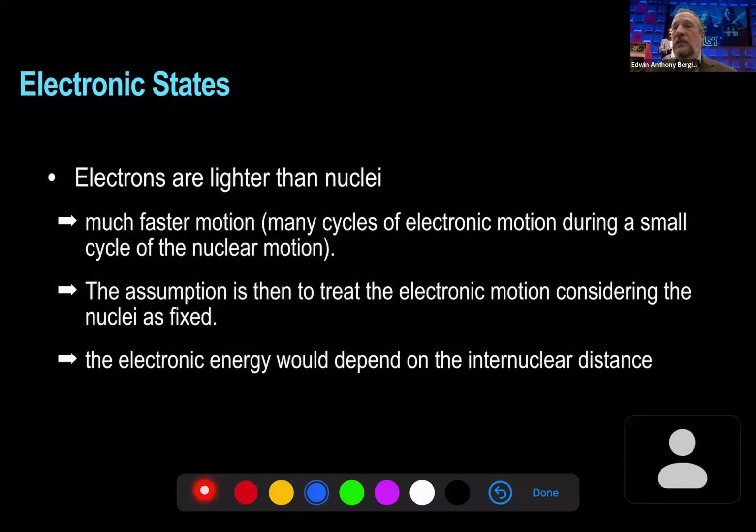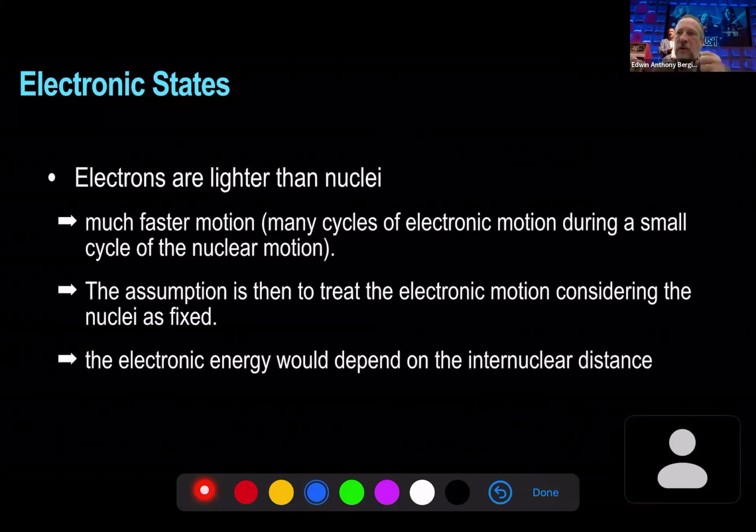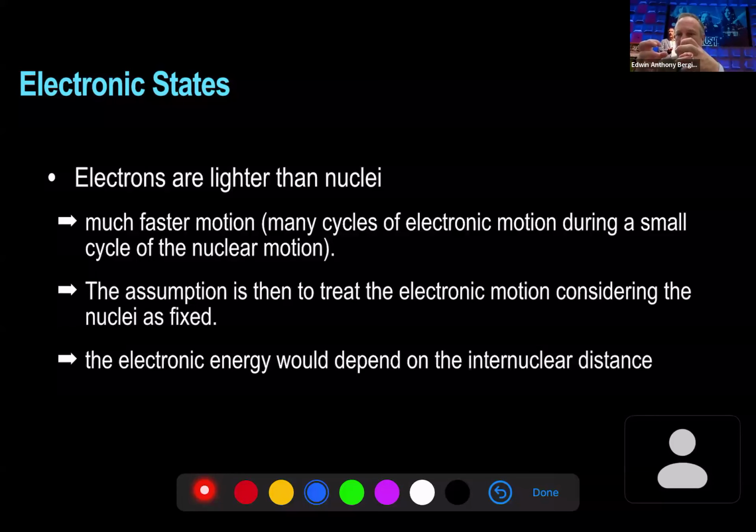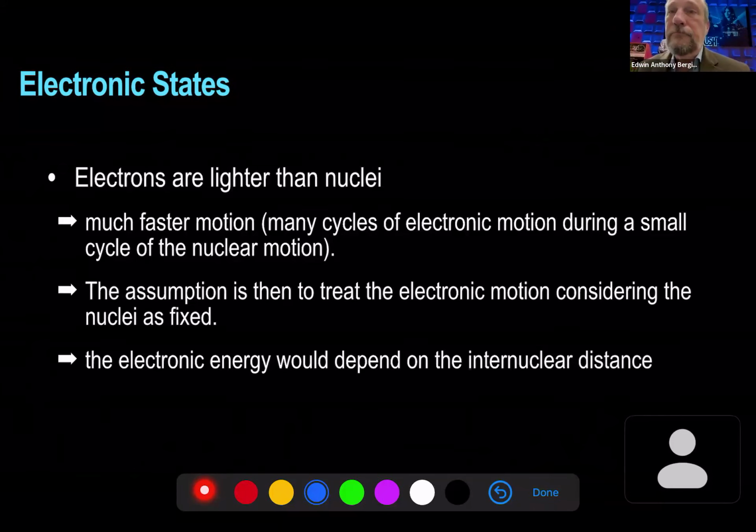But what he first started in the study of quantum mechanics, he looked at molecules, and Born actually said it should be the Oppenheimer-Born approximation. And what that is, is that you treat the electronic motion considering the nuclei as fixed. And the electronic energy of the state depends upon the internuclear distance. That makes sense, right? Because the positive charges, if they're tightly packed together, that has a different potential than if the positive charges are separated.